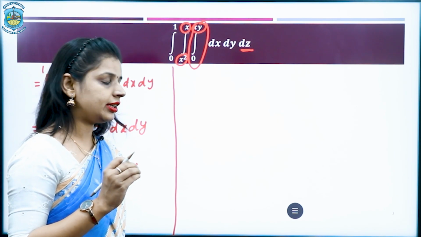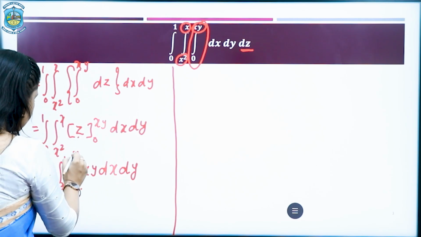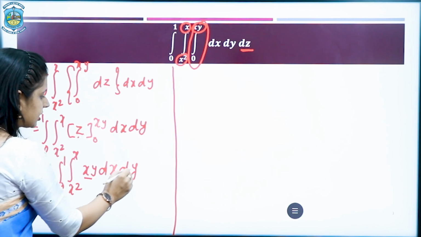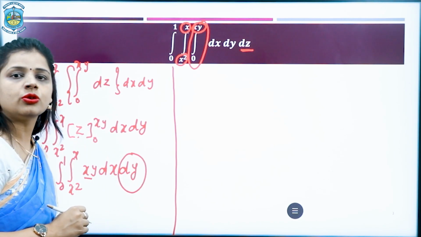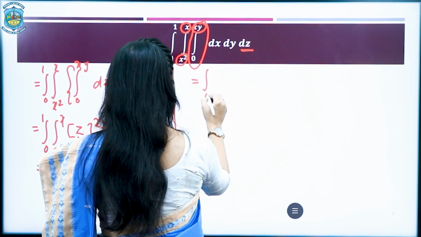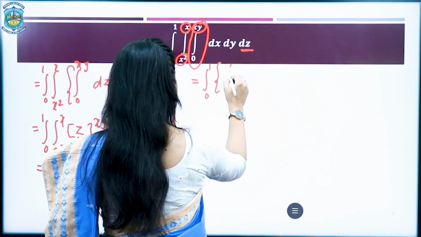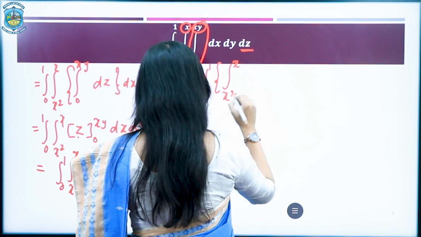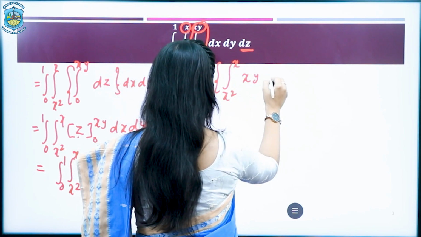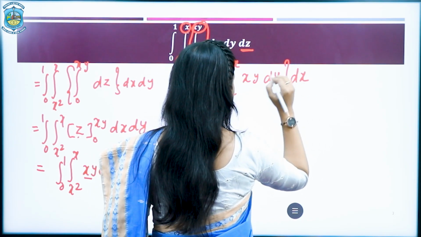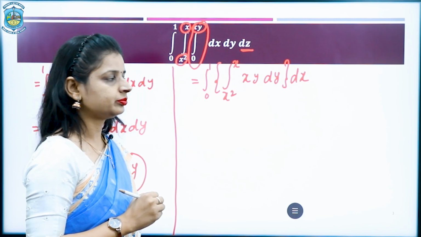Now, in the second integral, we will solve for the limits x square to x of this function xy with respect to y. So, we get 0 to 1, integration for the limits x square to x of the function xy with respect to y and then with respect to x.